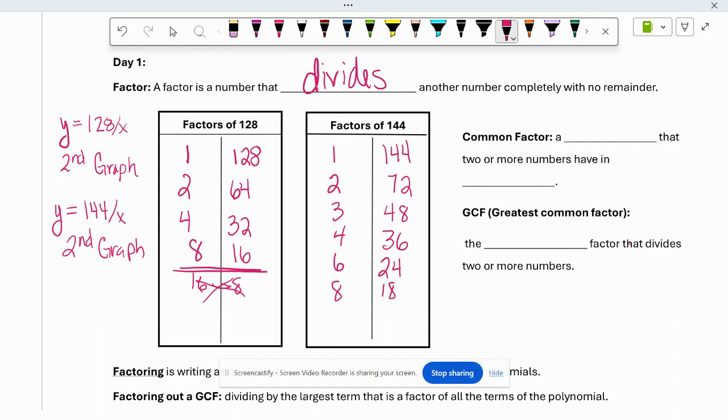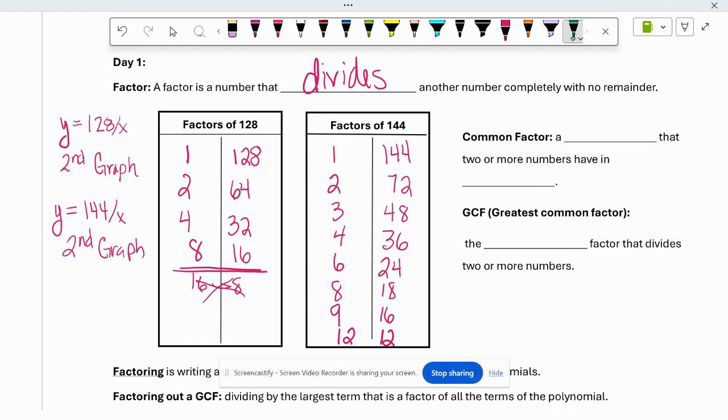Keep going. Two more pairs. 9 and 16. 12 and 12. So we've come to a repeat, right? So that means they just kind of loop back around. So this is all of them.